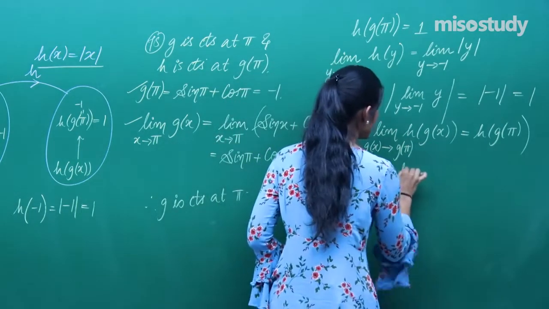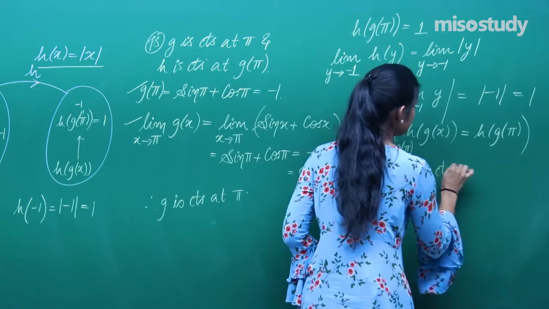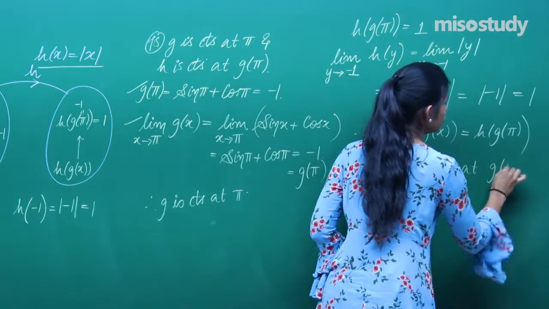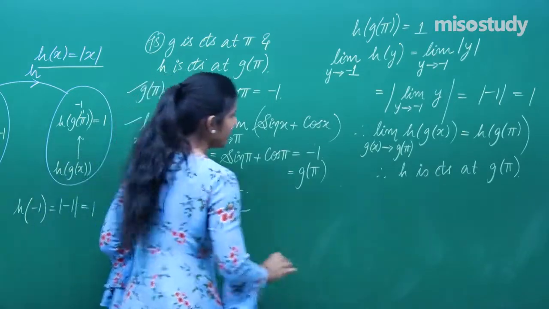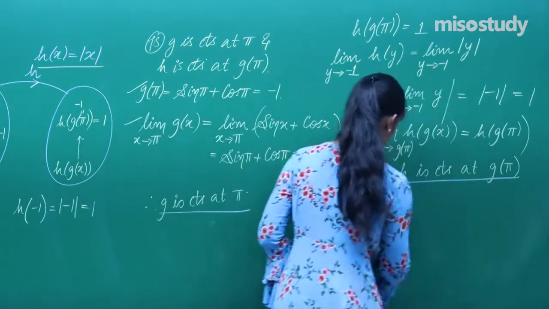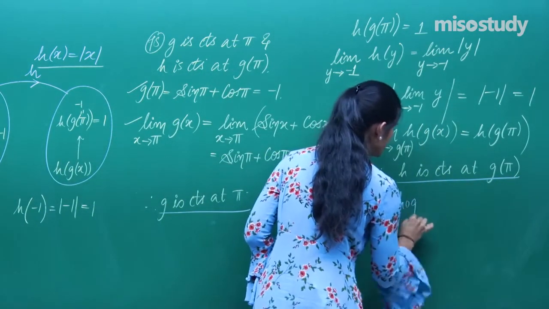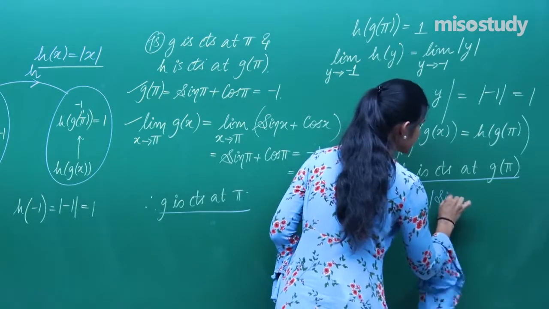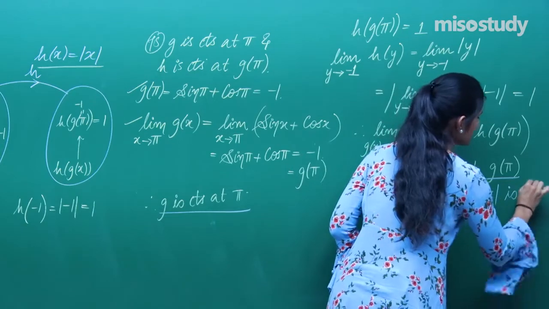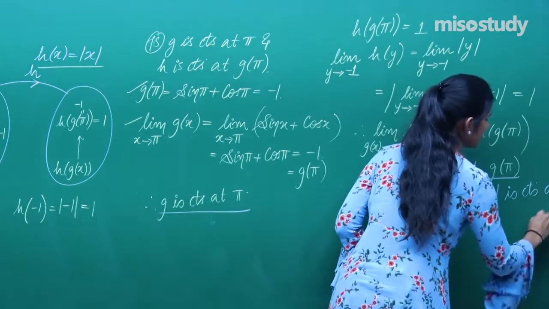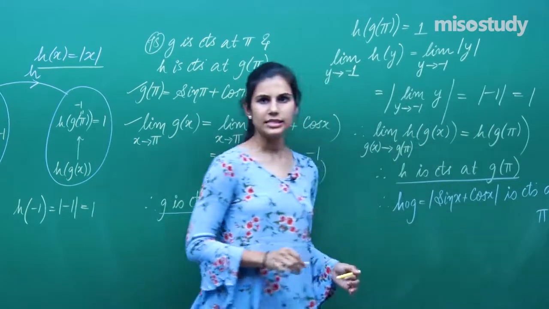So I have got H is continuous at G of pi. So G is continuous at pi, H is continuous at G of pi. Therefore, HOG, which is mod of sin x plus cos x, is continuous at pi. Is it clear?